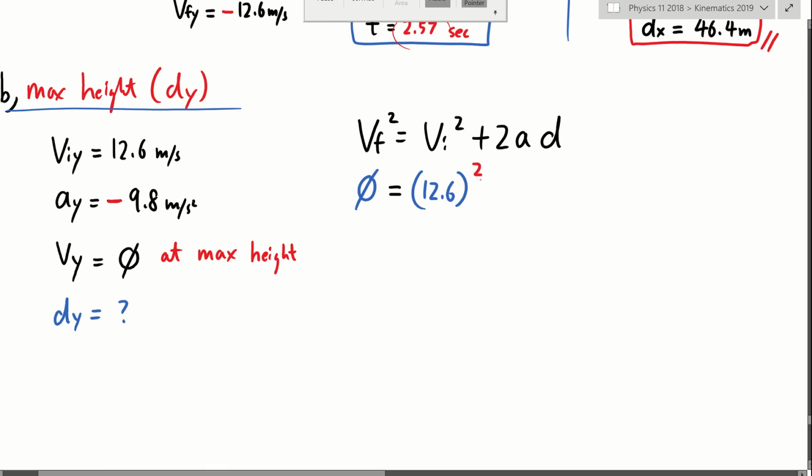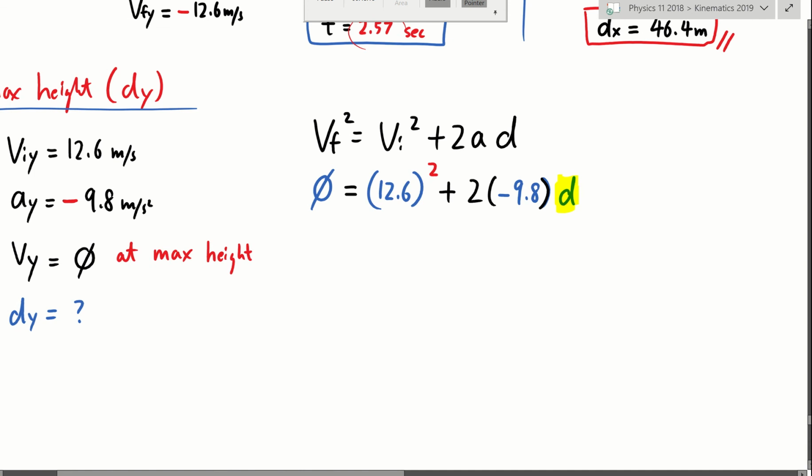Okay, squaring it. Plus 2 times the acceleration, which is negative 9.8, multiplied by displacement, which is d. Now, so this is what we're looking for, that d right here. Okay, so first thing, get the square done, move it over, and you get negative 159 approximately.